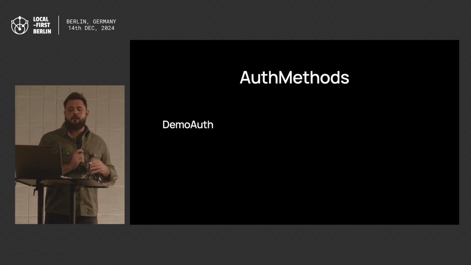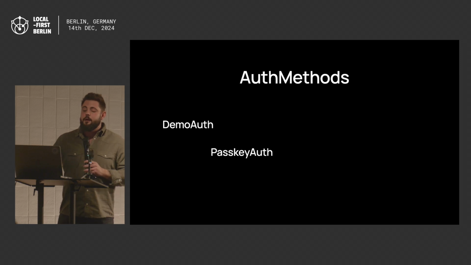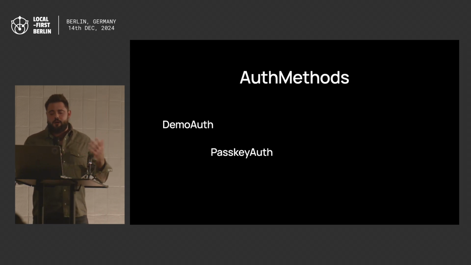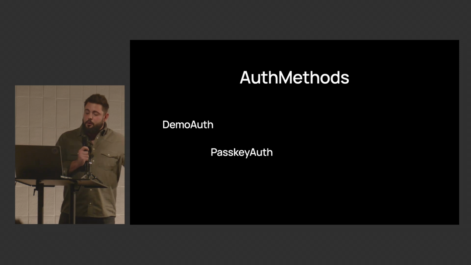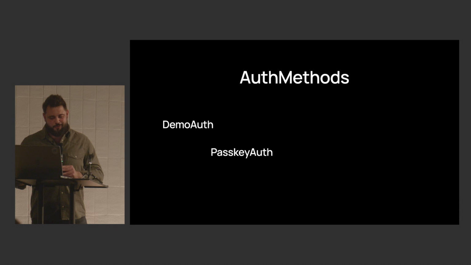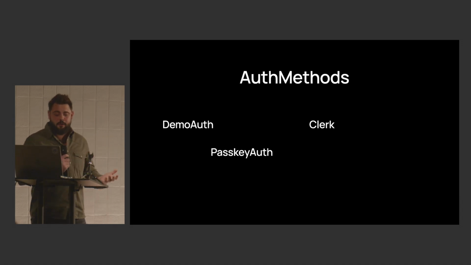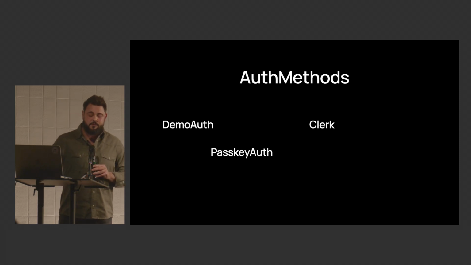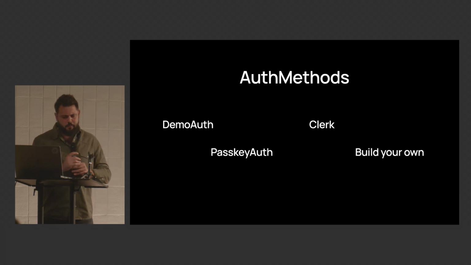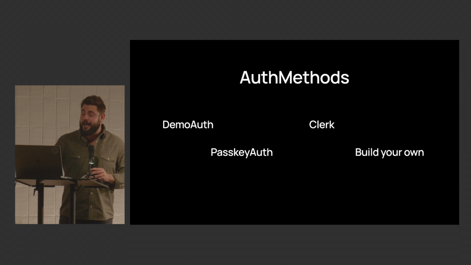Jazz has several auth methods built in, such as demo auth, which lets you try out collaborative apps as different users really quickly, passkey auth, where users manage their keys themselves, but with a really nice Touch ID or Face ID user experience, thanks to a hacky way we use browser passkeys. And for more traditional setups, we have Clerk integration with more similar ones to come. And it's also quite easy to build your own auth method. For example, to integrate with existing auth and permissions you have in your own database or in an existing backend.